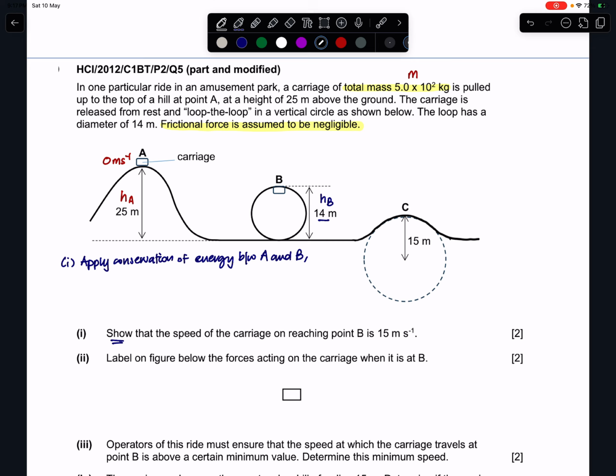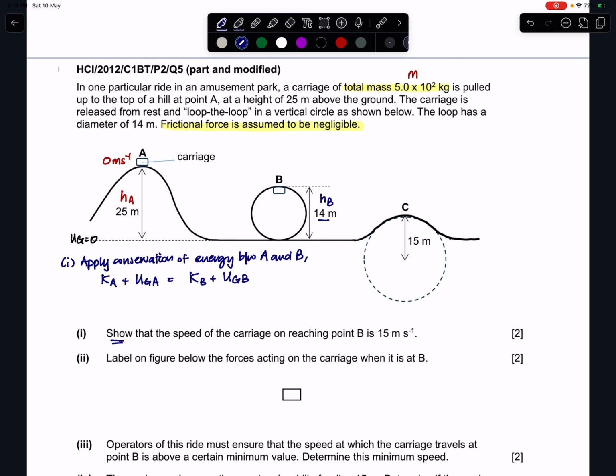To apply it, we need to set the point where gravitational potential energy is 0. I'm going to measure with respect to the ground. So what we can write now is kinetic energy at A plus the gravitational potential energy at A is equal to the kinetic energy at B plus the gravitational potential energy at B.